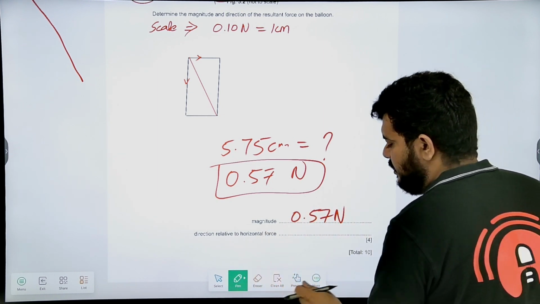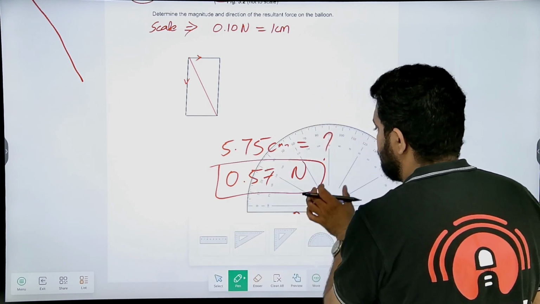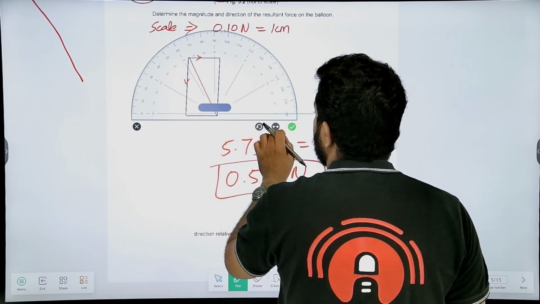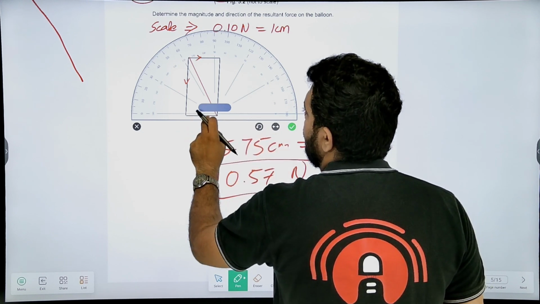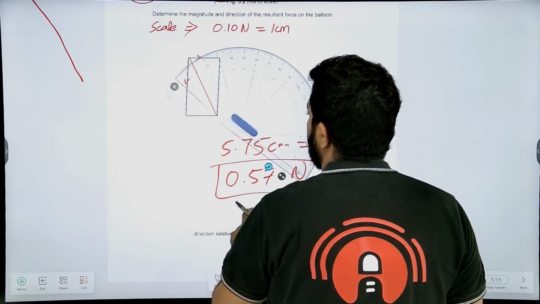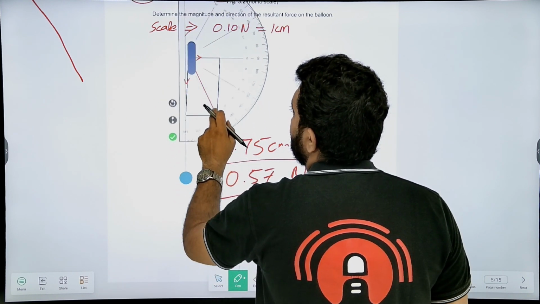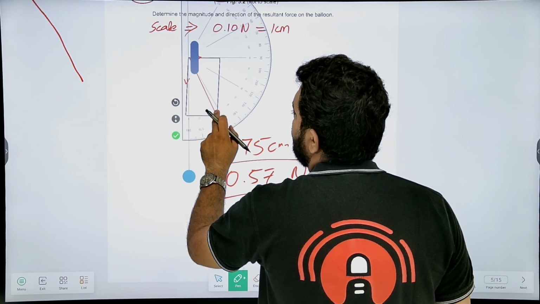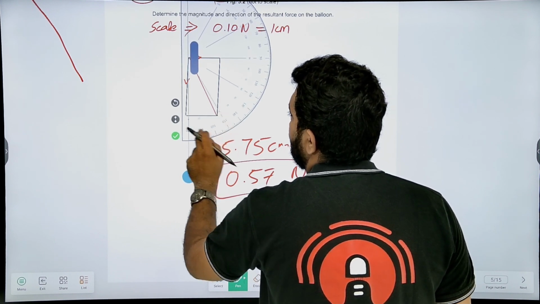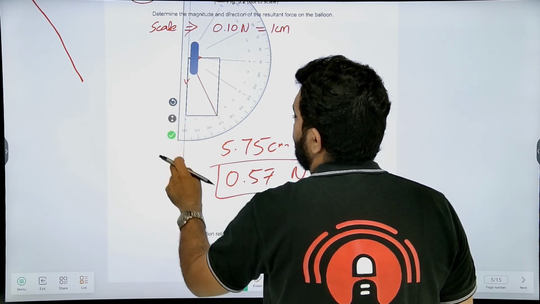Direction of the resultant relative to the horizontal force. Let's find out how much it is.